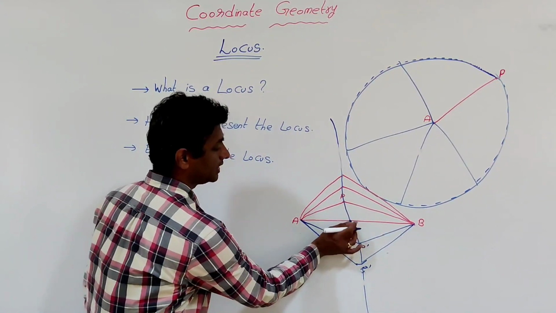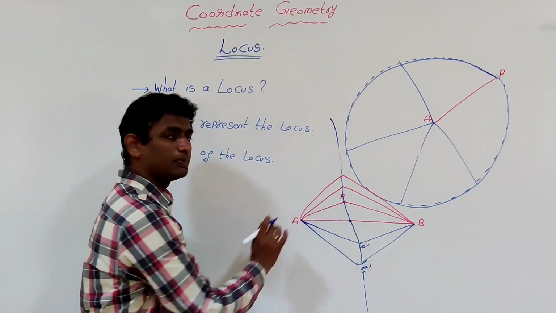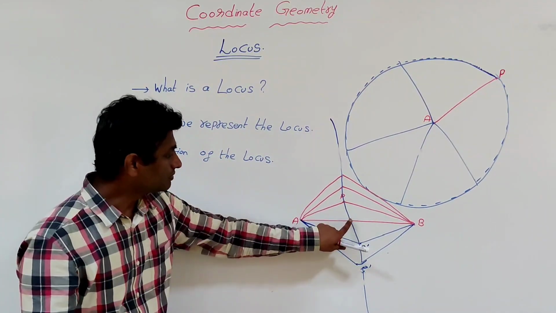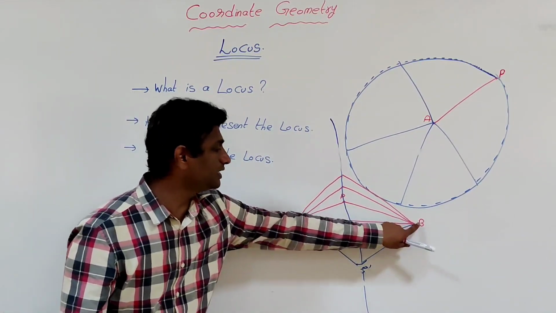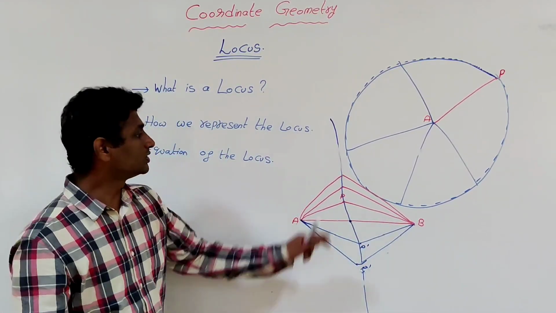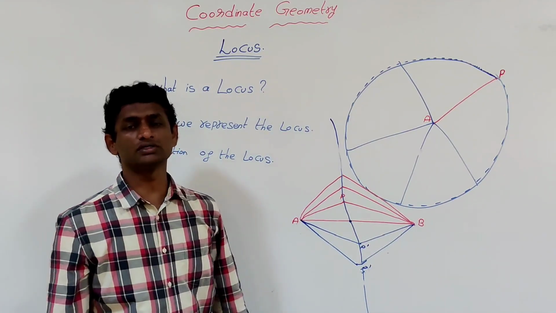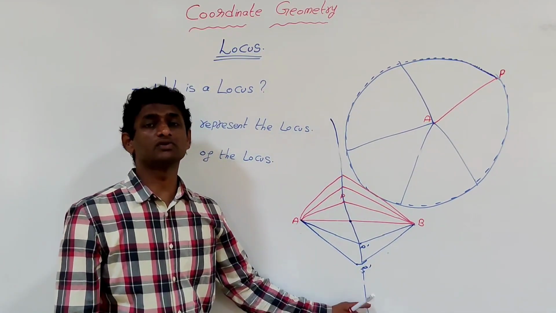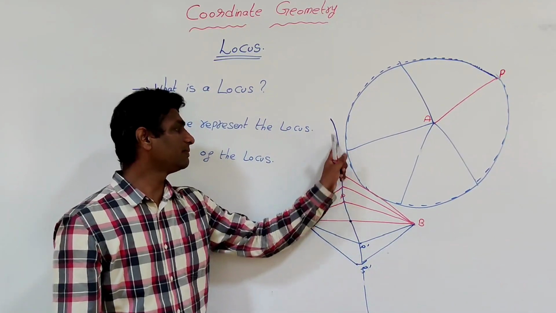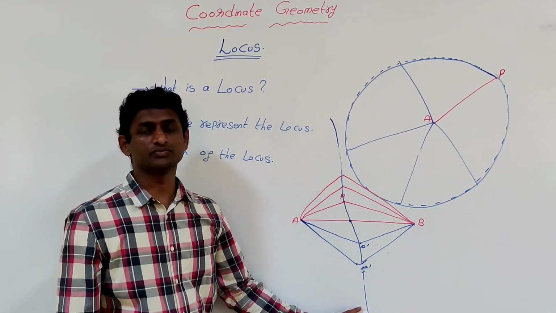Bisector means it exactly divides at the midpoint. The distance from the midpoint to A and to B will be equal. So the set of points represents a locus, and this locus is a line, a perpendicular line as well as a bisector. So it is a perpendicular bisector line.